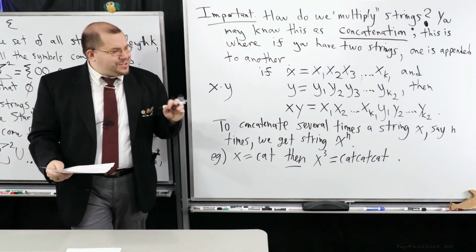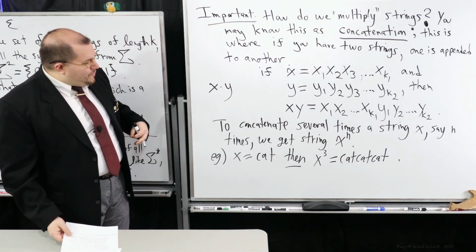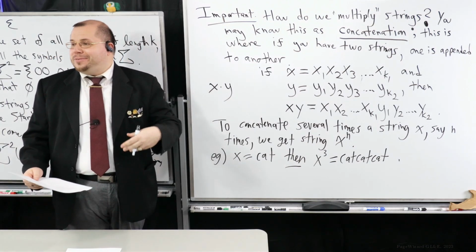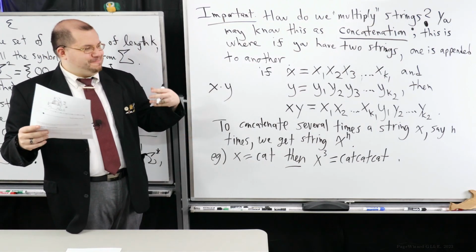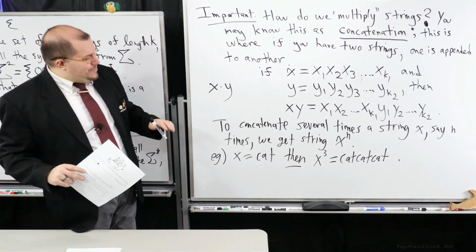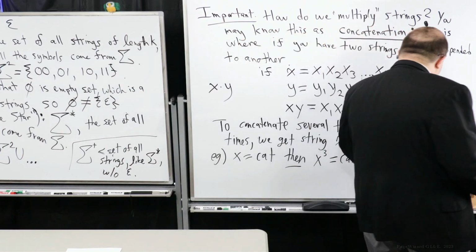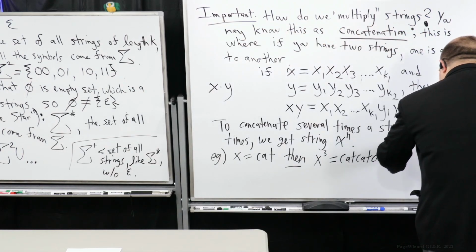So now I have an interesting question for you. We've talked about something kind of like this a moment ago when we talked about a set of strings. What would x to the power of 0 be in this case? It's a convention more so, but it's conceptually interesting to think about.